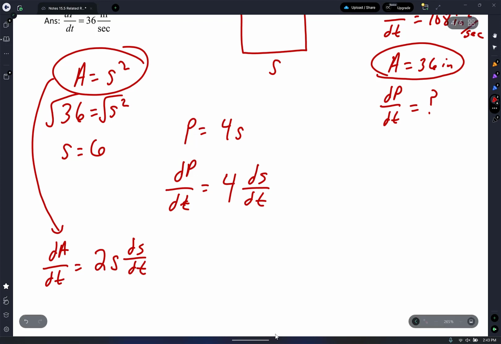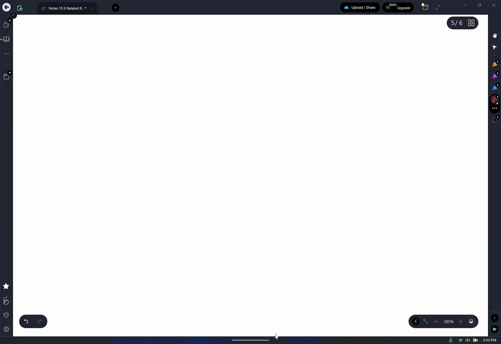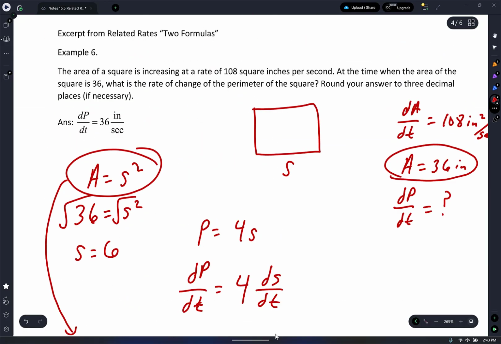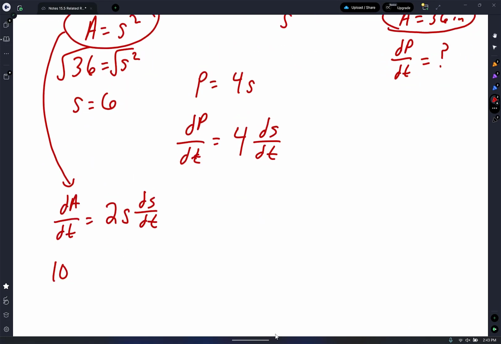Plug that dA dt in. 108 equals 2 times 6 ds dt. We're solving for ds dt, guys.